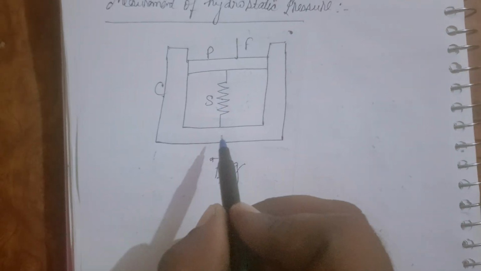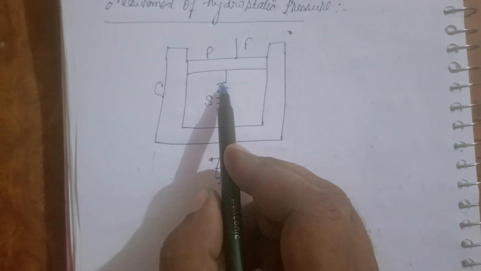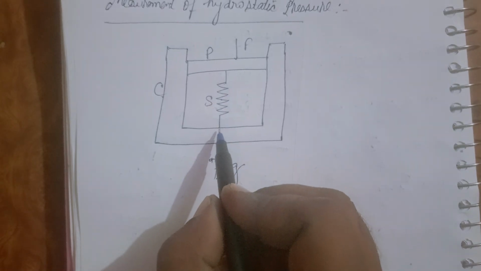Its one end is connected to the piston and the other end to the inner bottom face of the chamber.